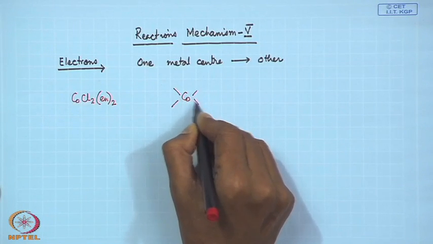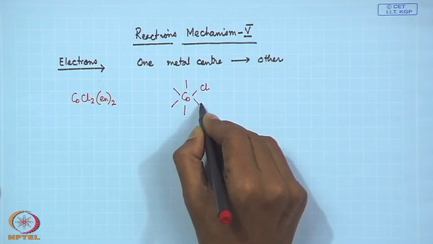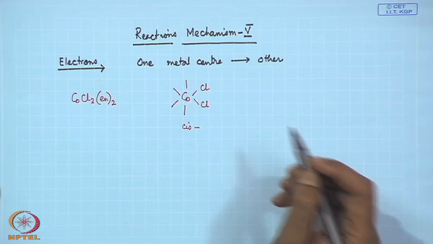So, out of the 6 positions, 2 of them are occupied by chlorine in cis geometry.